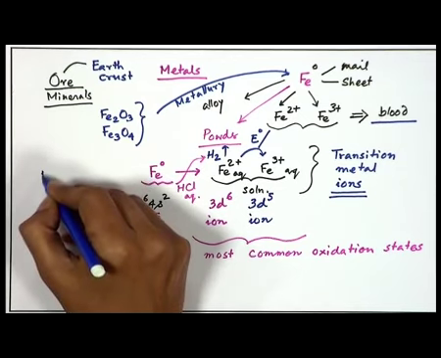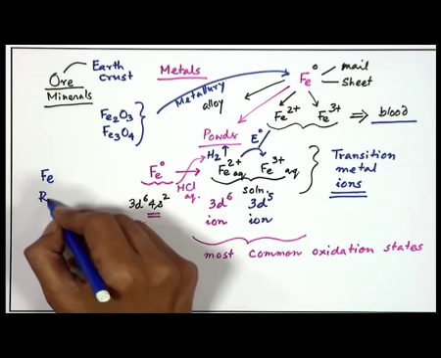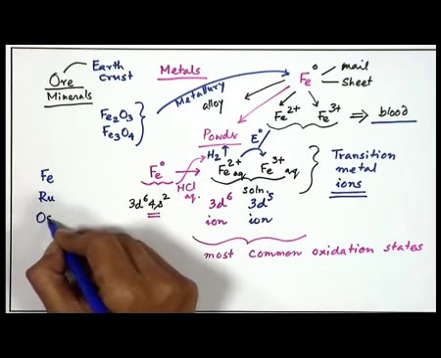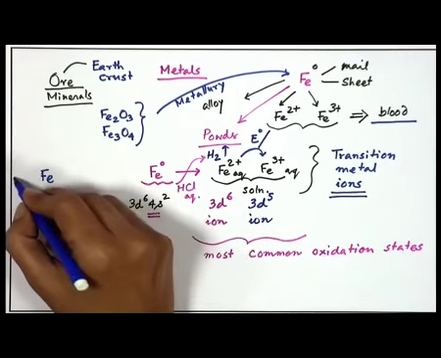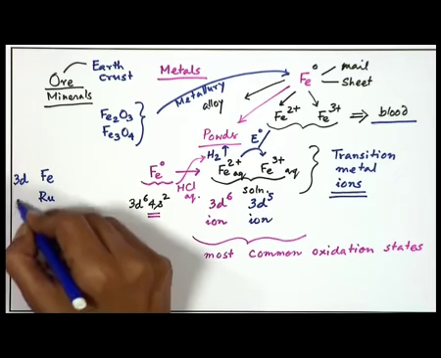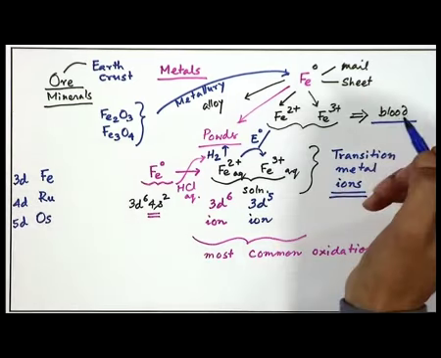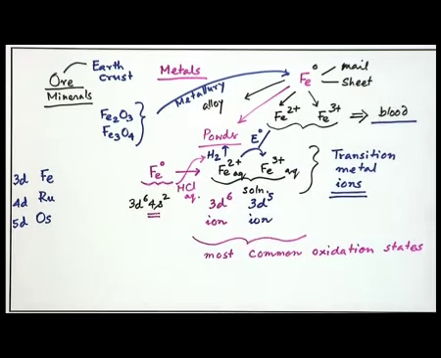Since we are talking about 3d, if we consider the periodic table, we have iron, ruthenium and osmium, which are 3d, 4d and 5d, and these give rise to some electronic configuration.